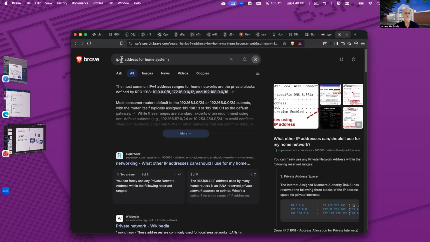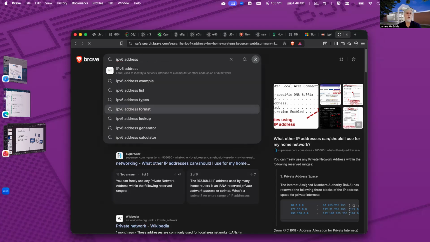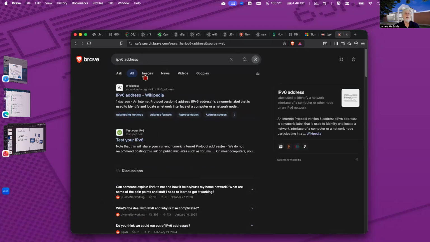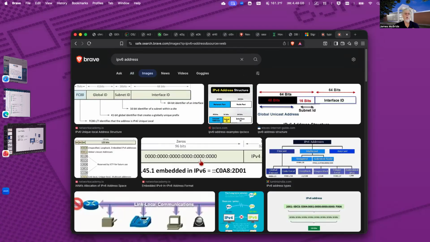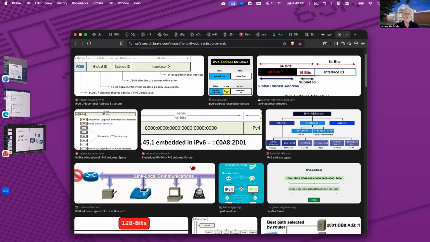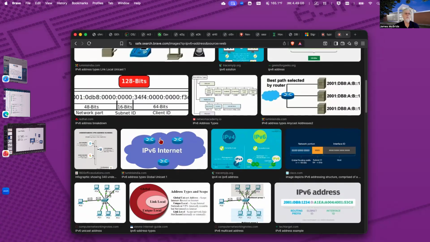And then IPv6 looks much more confusing, but actually is much more automatic. And I may add a video in on this, maybe not. But yeah, it's a big number.